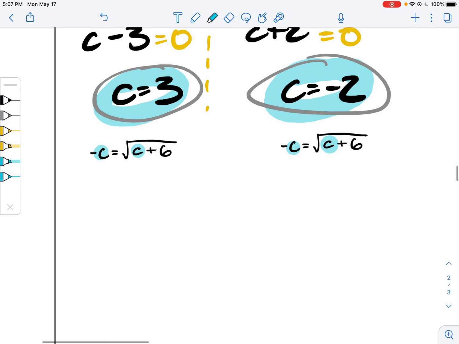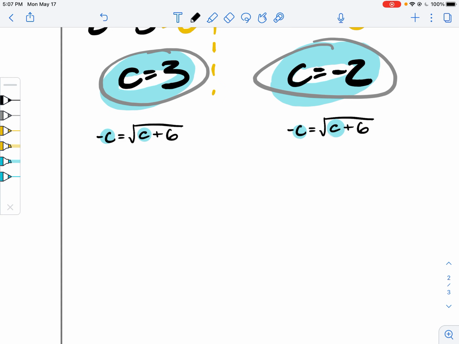Well, what happens when we plug in positive 3? We get negative 3 equals the square root of 3 plus 6. Guys, you can't take a negative square root. So that's not a solution.